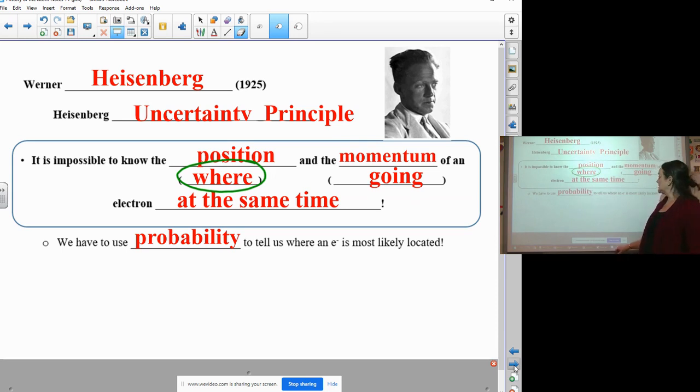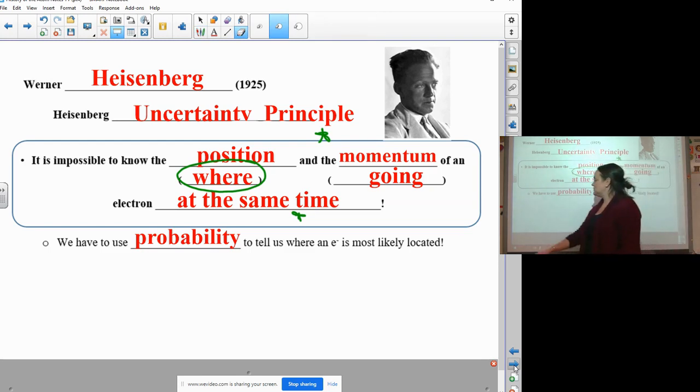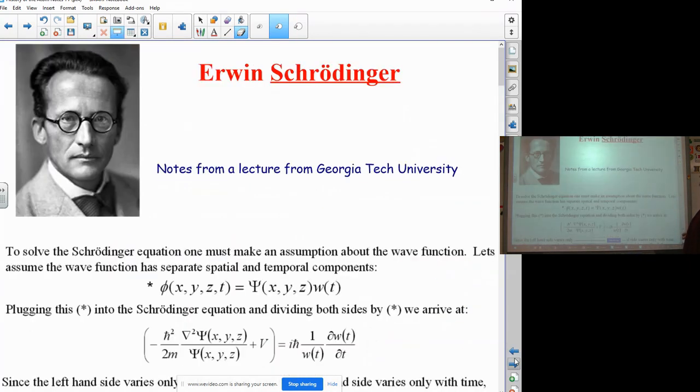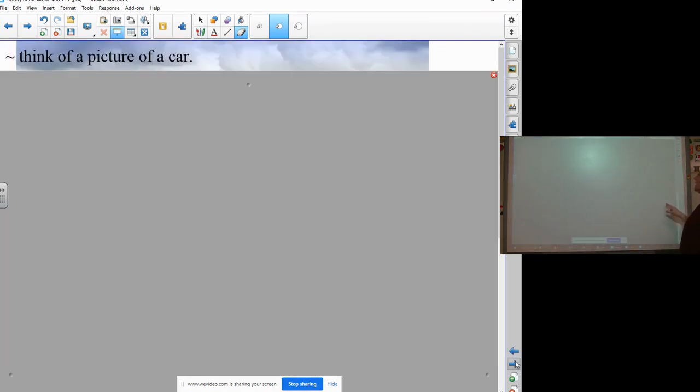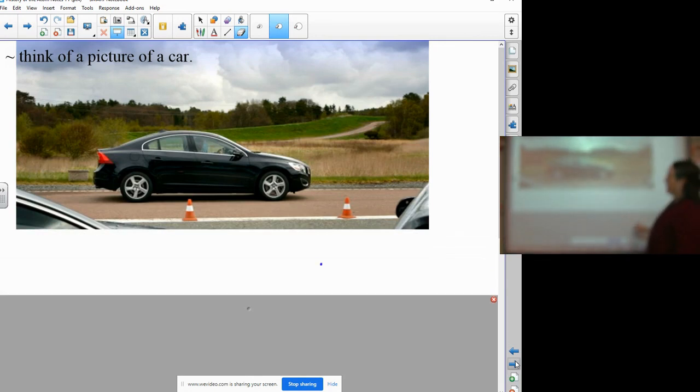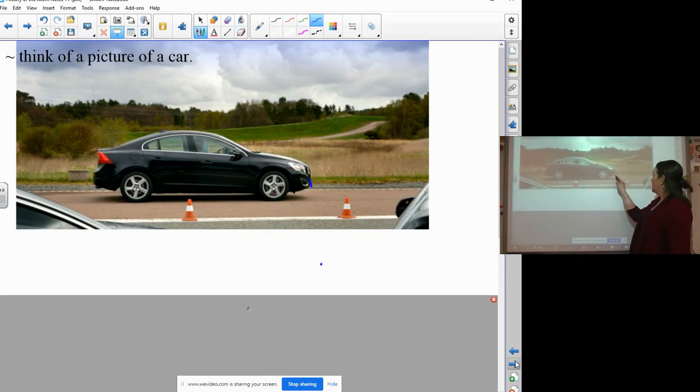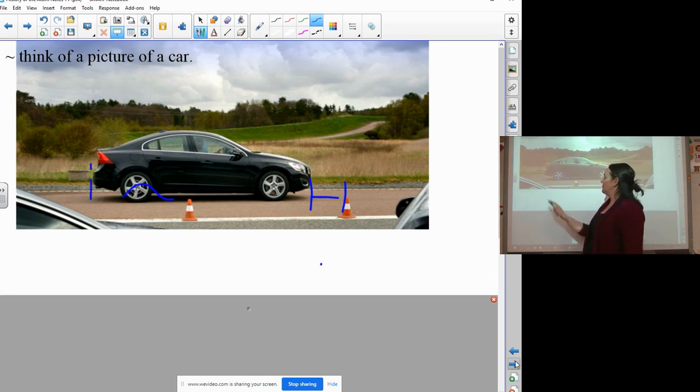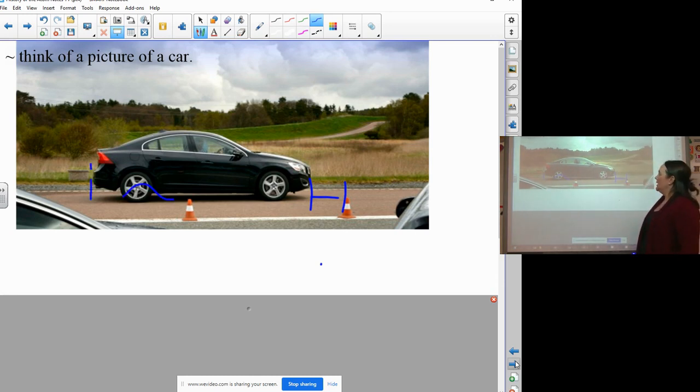So going back to this, we want to explain this if you think of a picture of a car. A crystal clear picture of a car here. If you saw this car right here, you could know it's about 3 feet from that cone, and this far from the trees, and that far from the cone.